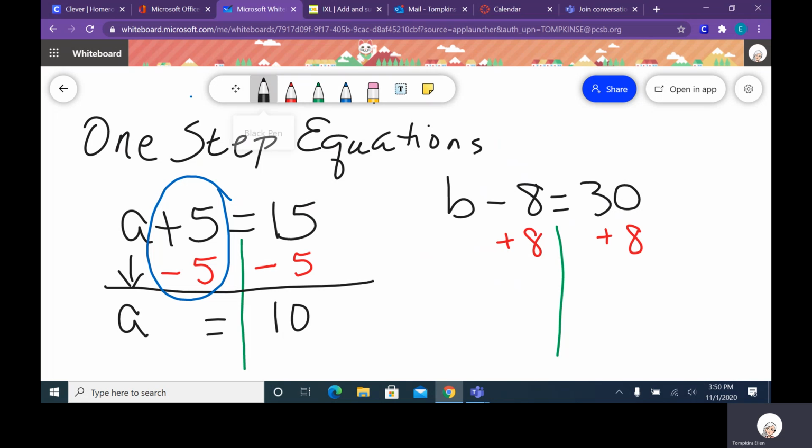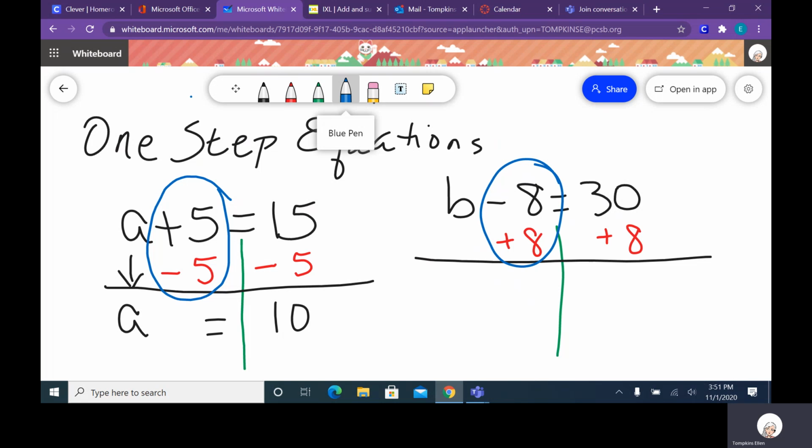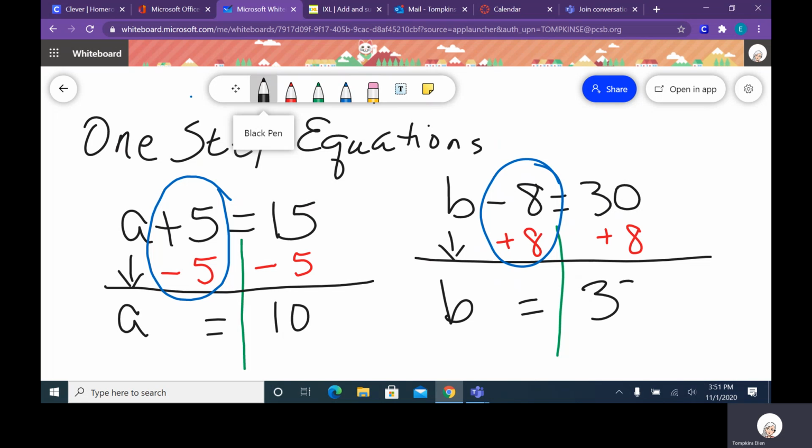In order to do that, I can't change the value. That's why everything has to be the same on both sides. That positive 8 showed up in both places. These zeroed out, so they're gone. b drops down, and positive 30, positive 8 will give me 38. No big deal. These ones are really simple, and they're going to be simple like that for a while.